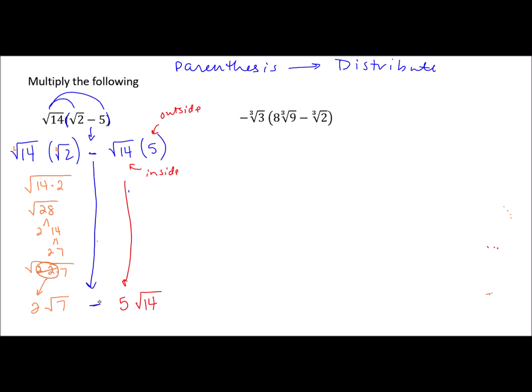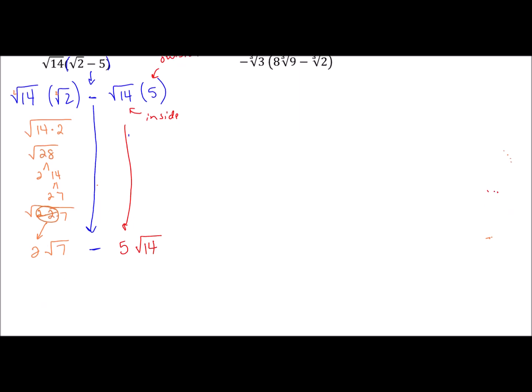Okay, everybody's been reduced. So we say, okay, do the shelf numbers match? Yes. Do the insides match? No. So there's nothing else we can do there. I'm going to rewrite it. So 2 square root of 7 minus 5 square root of 14, and that's the end of it because we cannot add or subtract them.